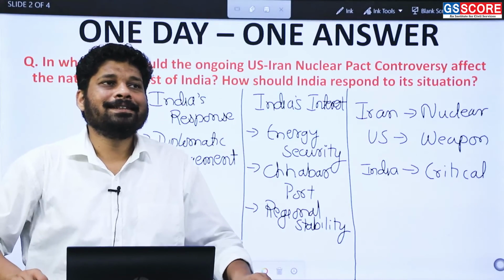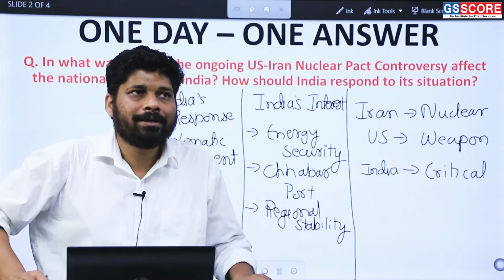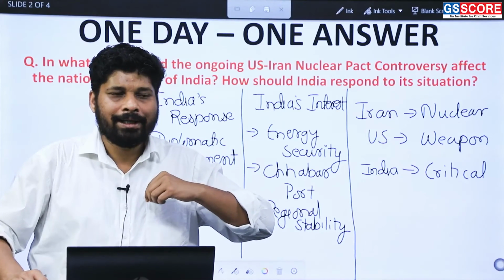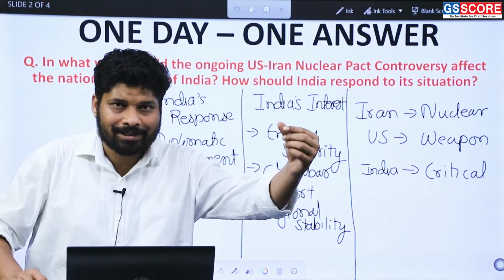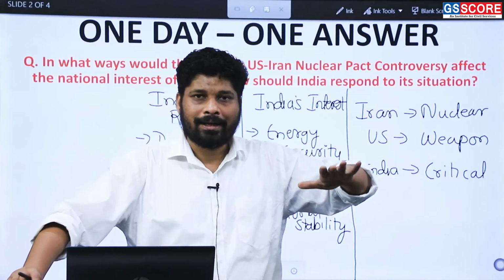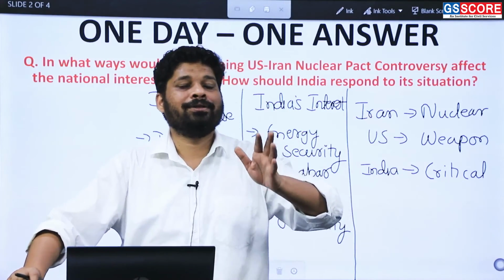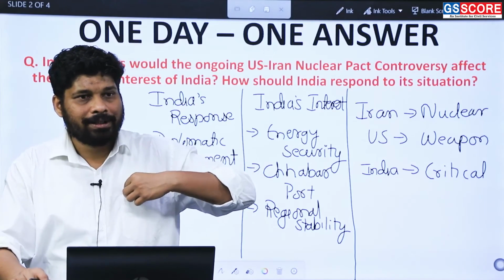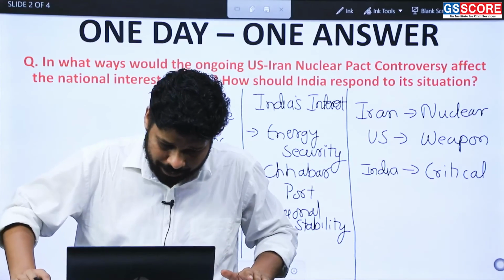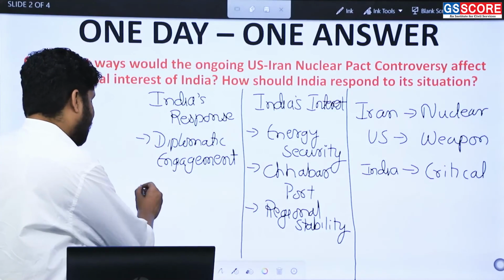And second, even if the deal between US and Iran breaks down, India has to see to it that its interests are not affected by carefully balancing its relations between US and Iran. India has to see to it that it does not deteriorate its relations with either Iran or US through its diplomatic efforts.